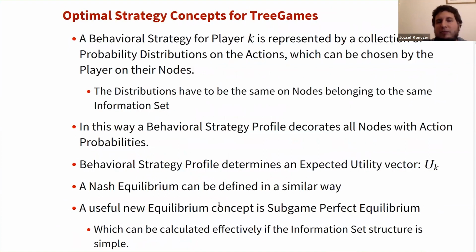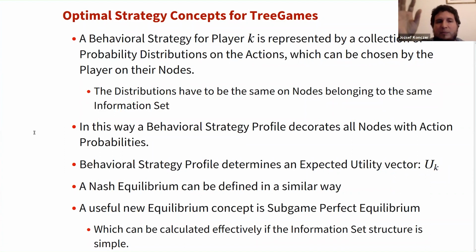Okay, so very briefly, a behavioral strategy for player k is represented by a collection of probability distributions on the actions which can be chosen by the player. And for the members of the information set, the distribution has to be the same. And we call it a behavioral strategy profile if we specify these probabilities for every player.